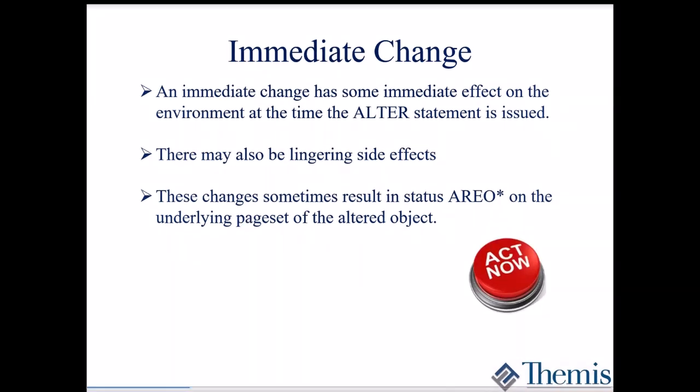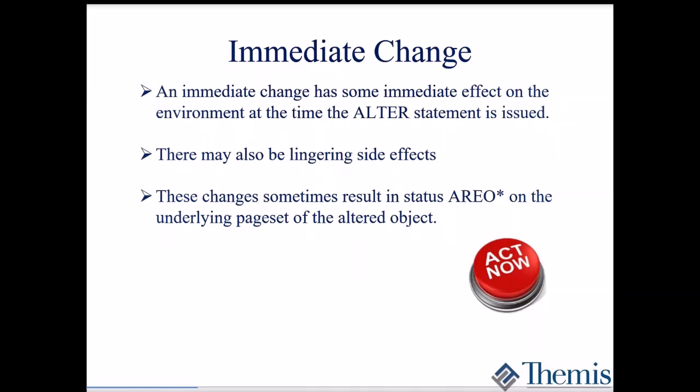So an immediate change in Db2 is a change that has some effect immediately, right? Where the alter makes some change to the Db2 catalog or the underlying page set with immediate effect. Again, there may be lingering side effects, and some of these changes now may result in this status called AREO asterisk. And we're going to look at the different kinds of advisory statuses also in just a moment.